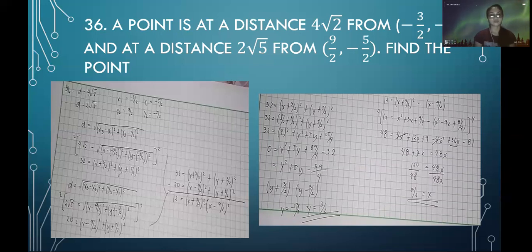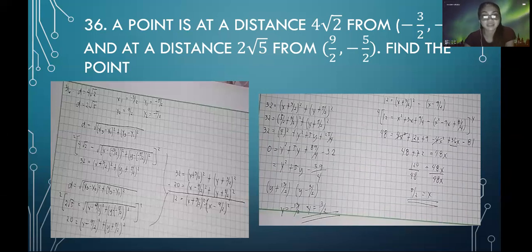So 32 is equal to 4 squared plus y squared plus 5y plus 25 over 4. So 0 is equal to y squared plus 5y plus 89 over 4 minus 32. So y squared plus 5y minus 39 over 4 is equal to 0.